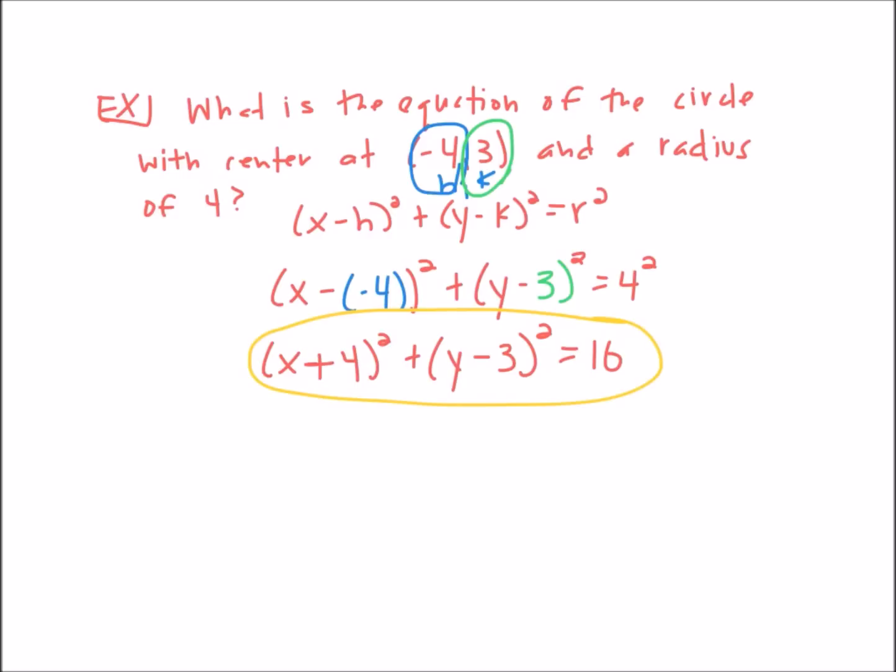So my h and my k are just 0 and 0, which means my equation becomes x squared plus y squared equals r squared. And that is a circle centered at the origin. And we can use this fact to solve problems like our next one.